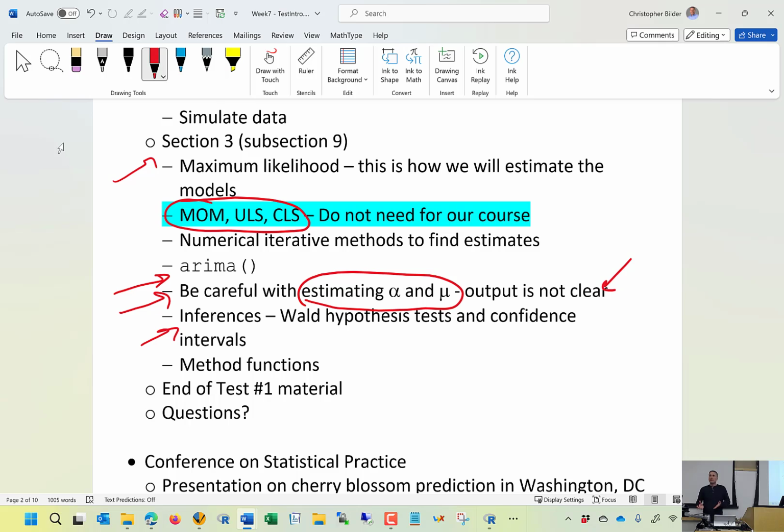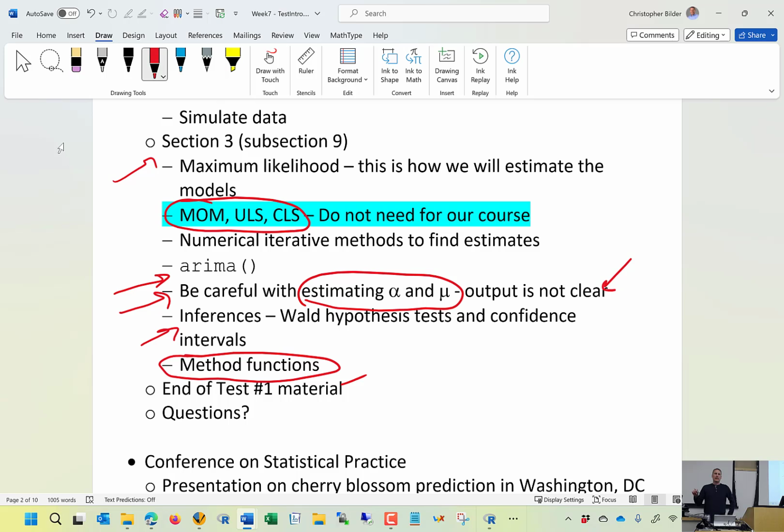Also, then we want to do inferences, meaning we want to, let's say, come up with a confidence interval or do a hypothesis test for these parameters that we're estimating, like phi1. And also in this set of notes, there was another discussion about understanding how R works in terms of method functions and generic functions. So do note that this ends the test number 1 material.